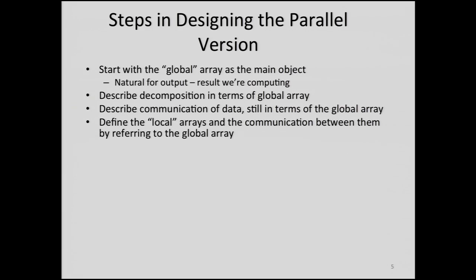So that's pretty easy. Designing the parallel version, we start by thinking about this global array. There are sort of 2 ways to put together a parallel program like this. One is you can start with the non-parallel version and divide it up. The other is you can start by taking a bunch of pieces and try to glue them together.